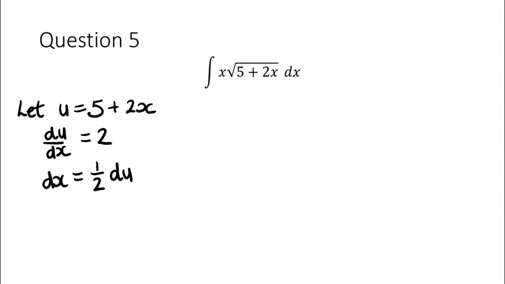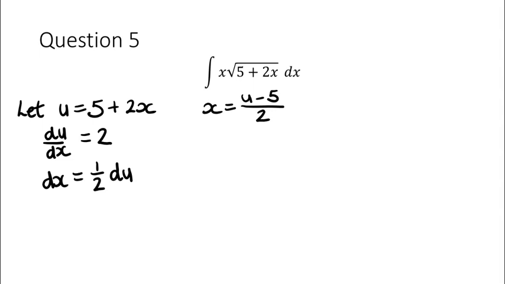So that x, well, using that substitution, I could rearrange u equals 5 plus 2x to get u minus 5 over 2. So now I'll be able to replace the x with something in terms of u.